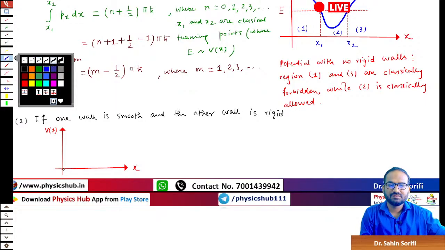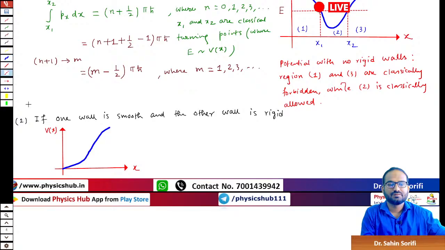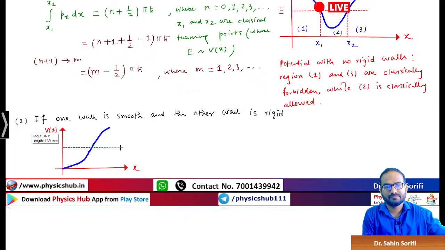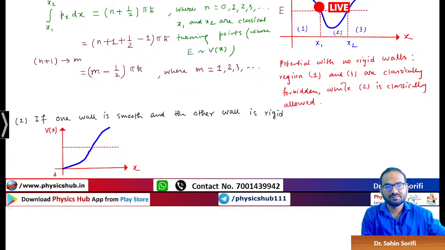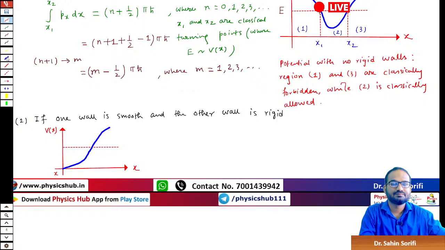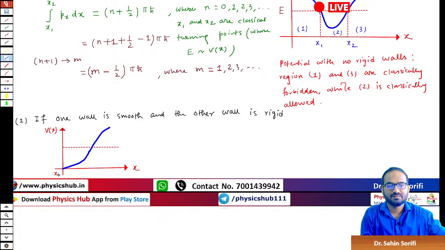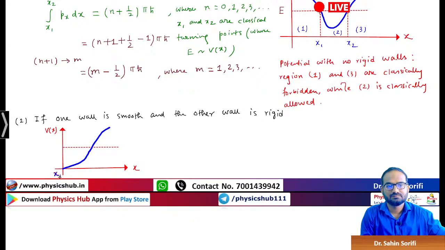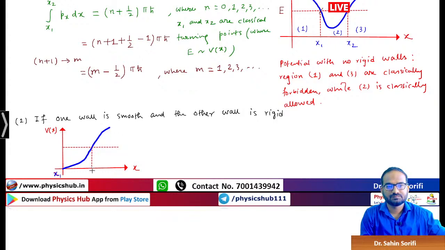One example, you may draw it like this. Maybe like this. So you see it is cutting at only one point. This is x1, this is your x1. And here this will be x2. And this is the E value.